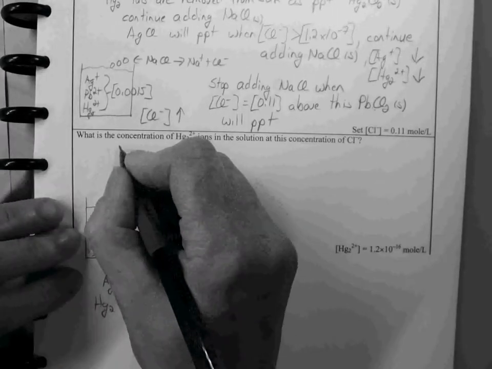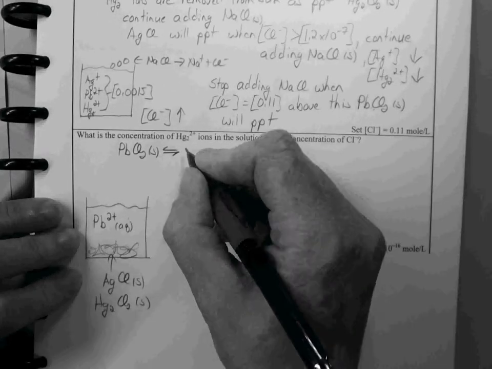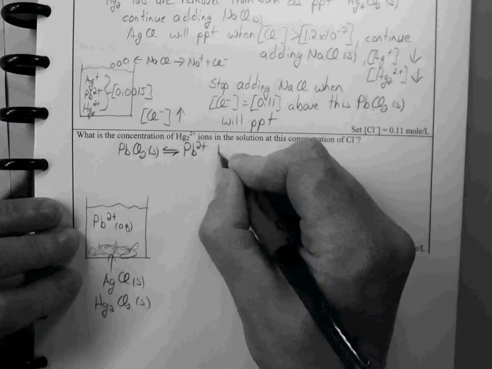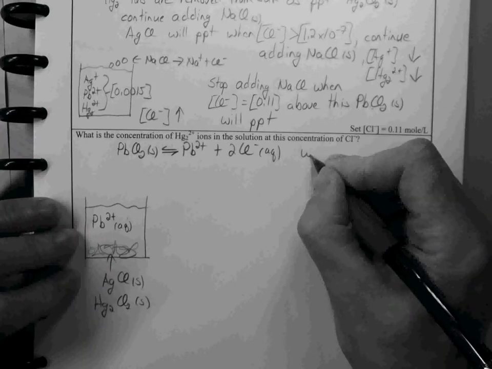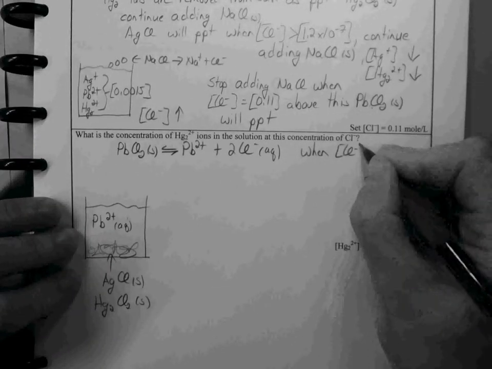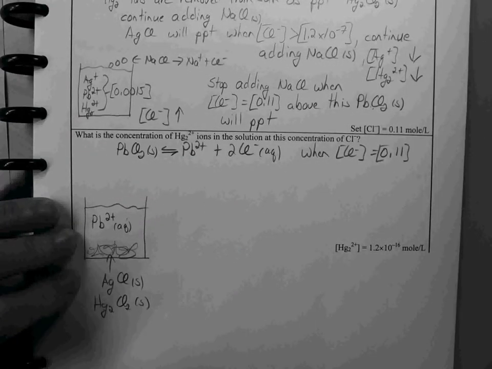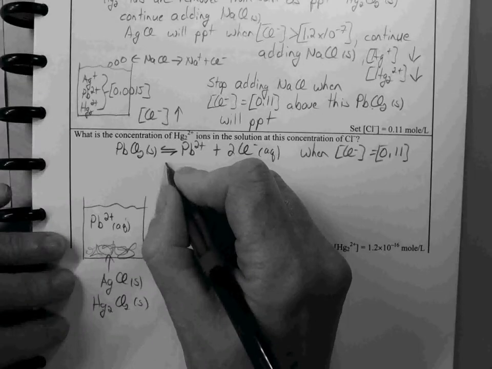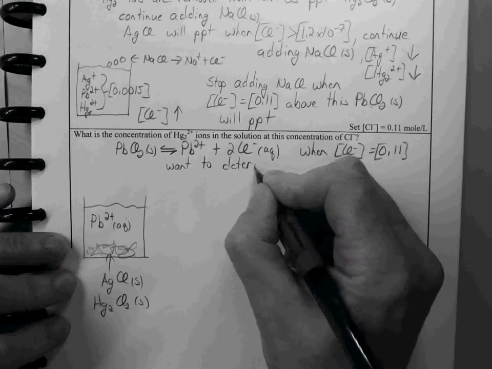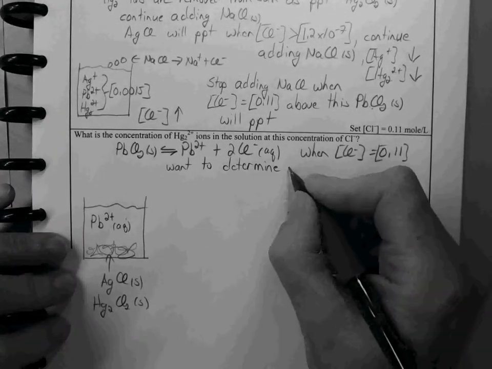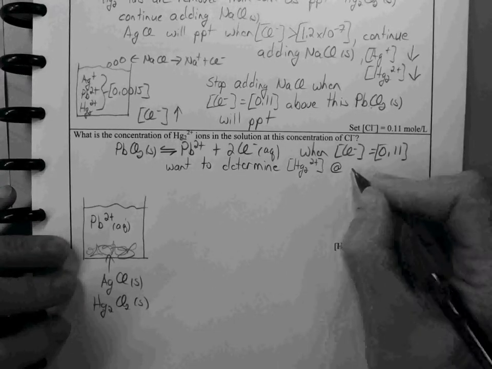Okay, so we have PbCl2 solid in equilibrium with Pb2 plus and 2 chloride ions here, when our Cl minus ion concentration is equal to 0.11 molar. Okay, so we want to calculate the Hg2 2 plus ion concentration at this point.